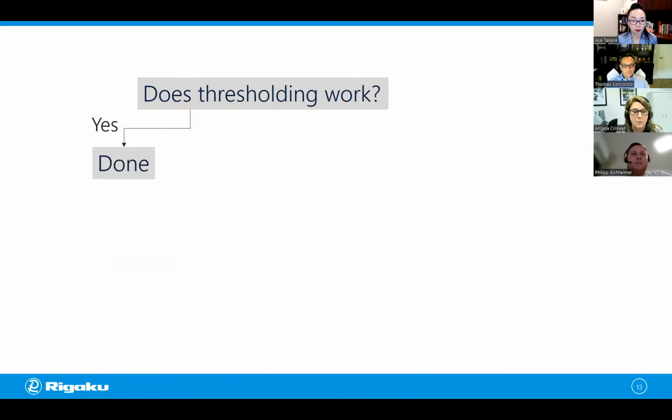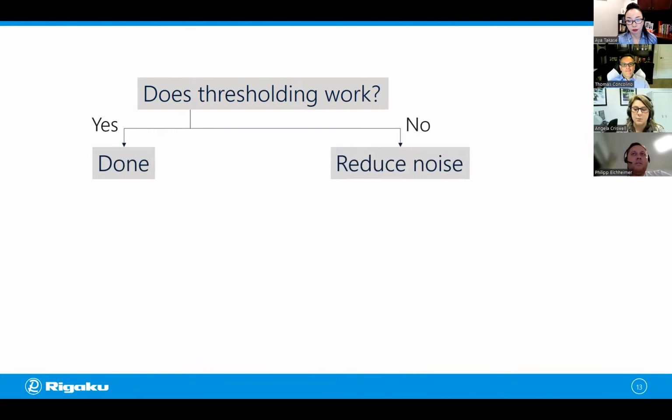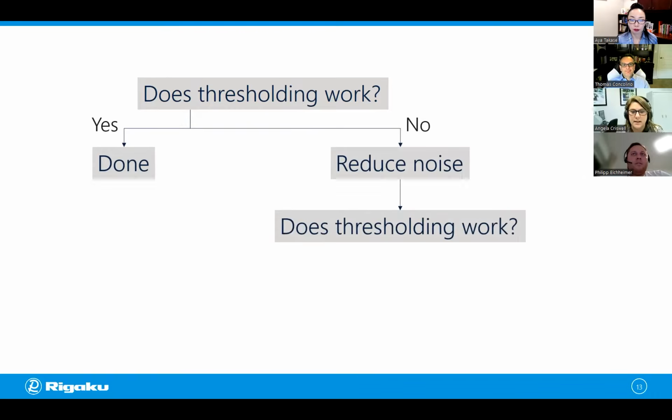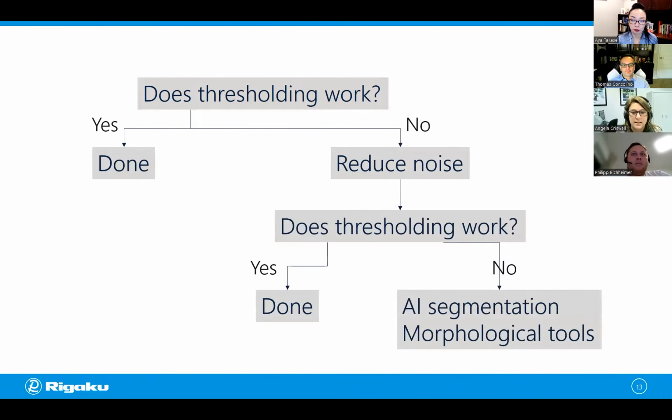And in fact, if that works, we are done. And if not, we can do some things like image filtering. Basically, we want to reduce the noise and then try to run thresholding again. And if that works, of course, we're done. And if it doesn't, then we need to go to some more complex methods to clean things up.